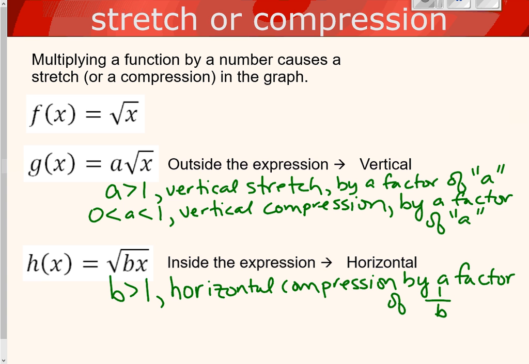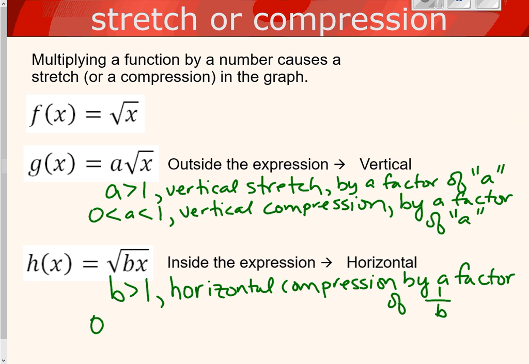So for example, let's say b was a 2, so it was the square root of 2x. Then I would say, oh, that's a horizontal compression by a factor of 1/2. Okay, notice that the number is always 1 over, it's a reciprocal.